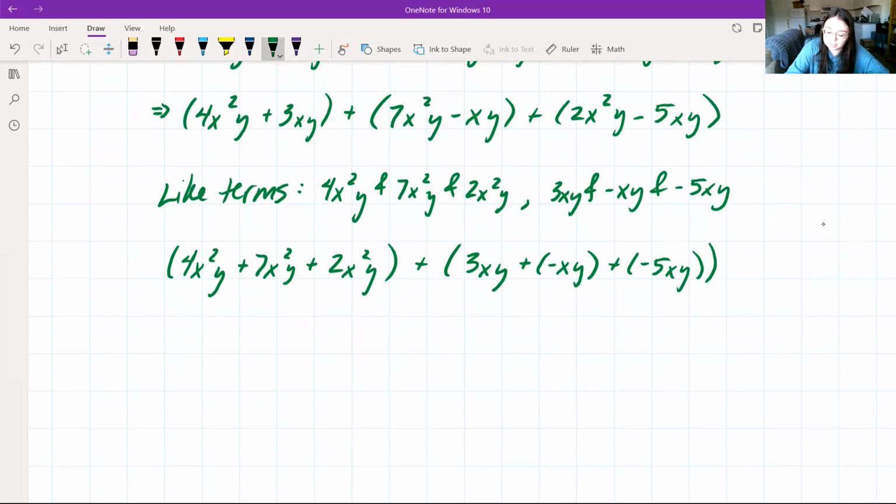So our first term here, 4x squared y plus -7x squared y plus 2x squared y is going to give us -x squared y. And 3xy plus negative xy will be 2xy, plus negative 5xy will give us -3xy.